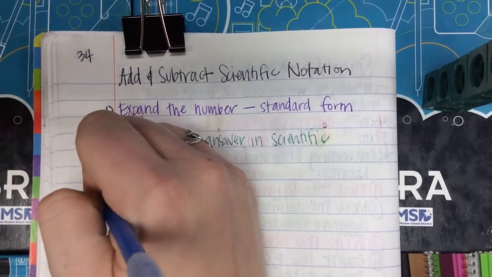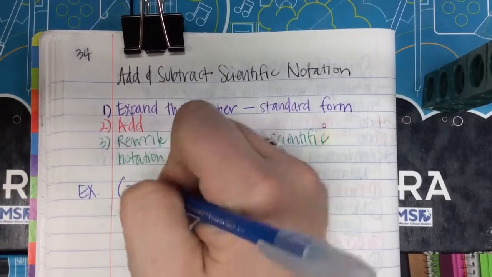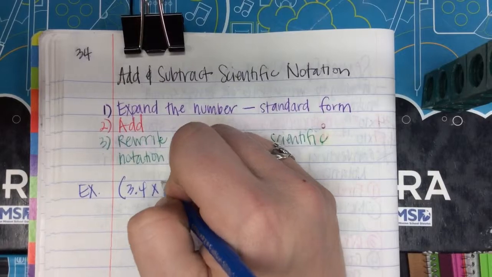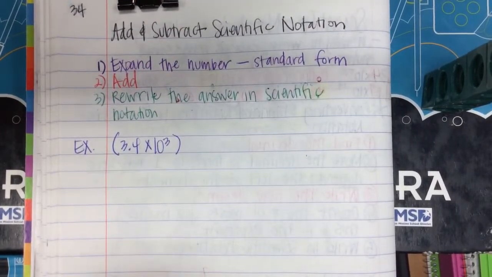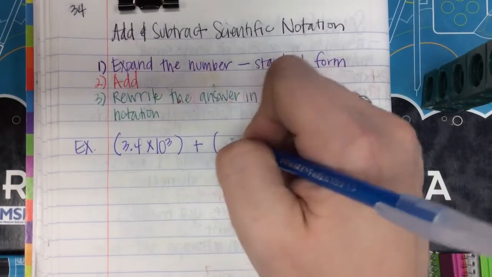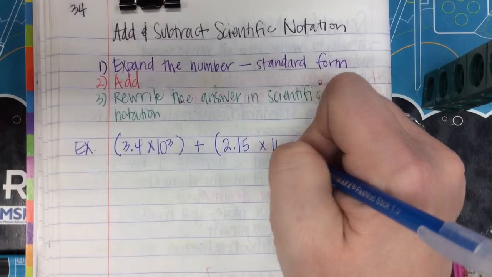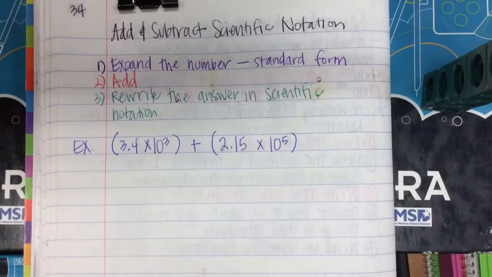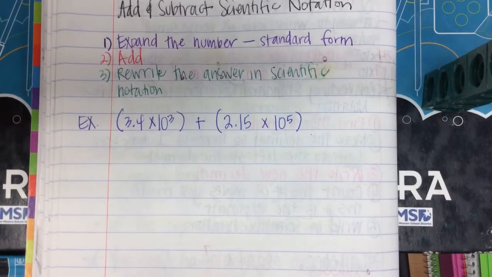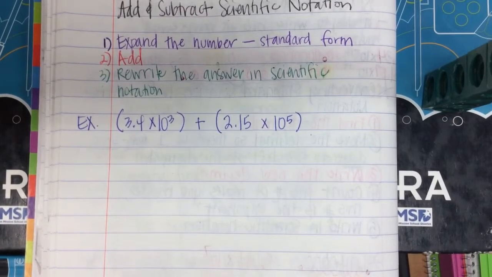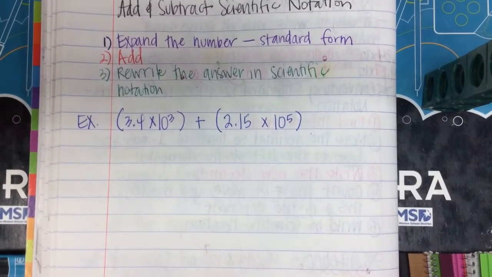Here's an example. 3.4 times 10 to the third plus 2.15 times 10 to the fifth. All right, so step number 1 says expand the number.